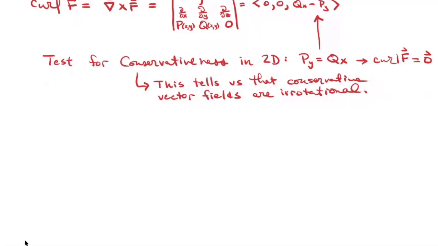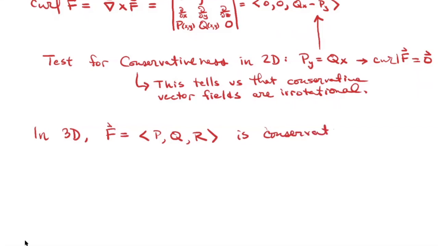In 3D, remember F, let's say, equals PQR, is conservative if there exists a scalar valued function.